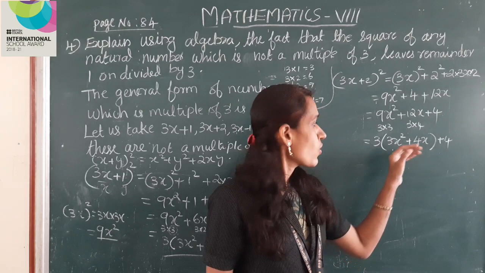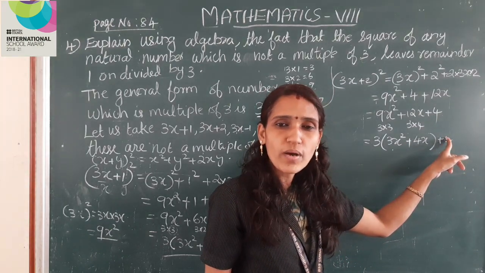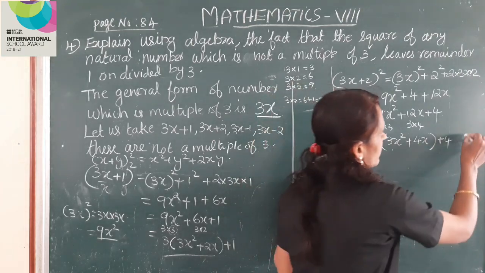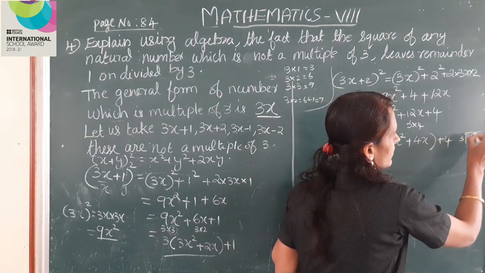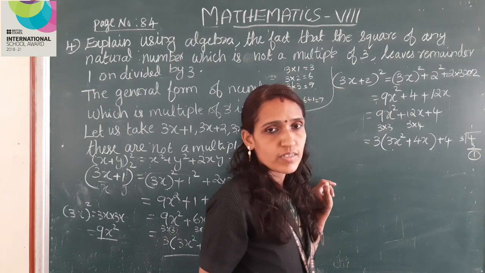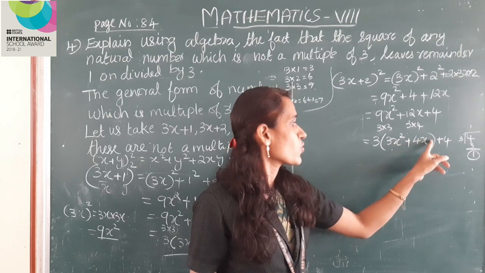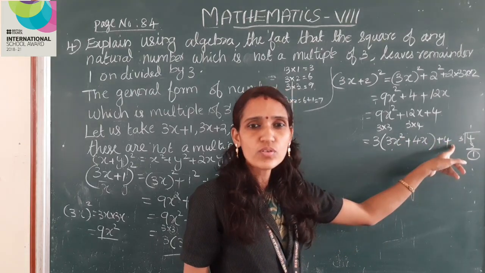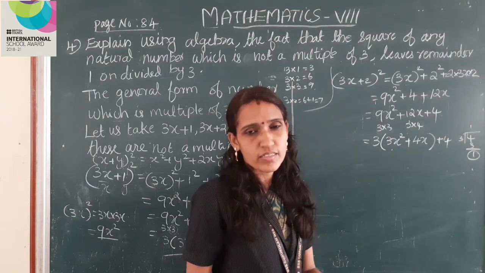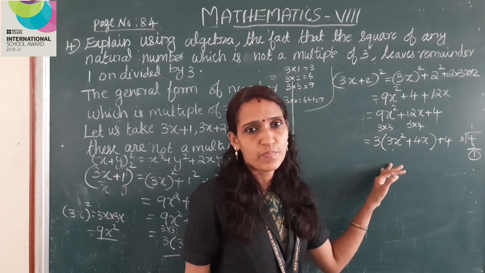The remainder on dividing 4 by 3 is 1, right? 4 divided by 3 is 3, remainder is 1. So here 3 into 3x square plus 4x plus 4 divided by 3 gives remainder 1.